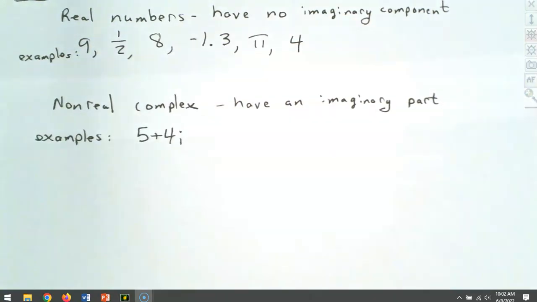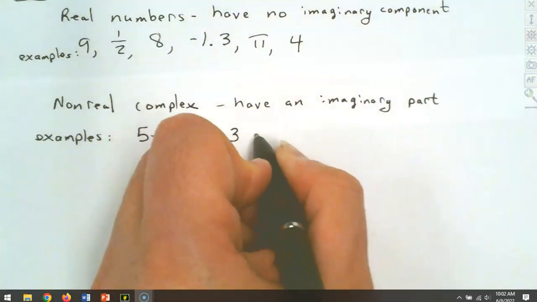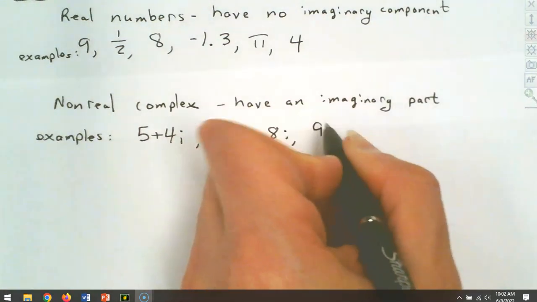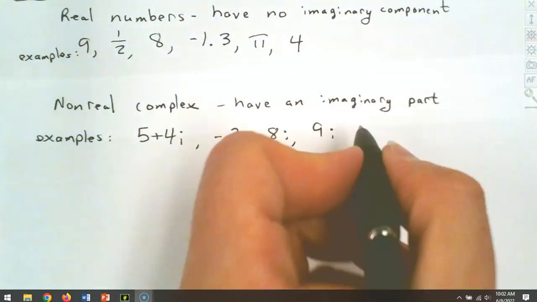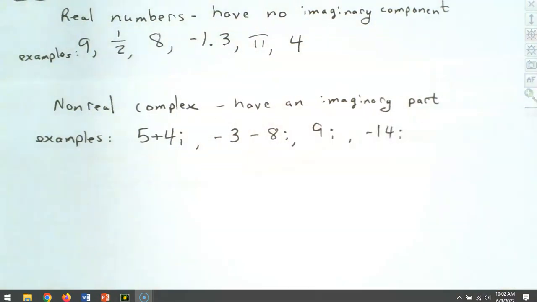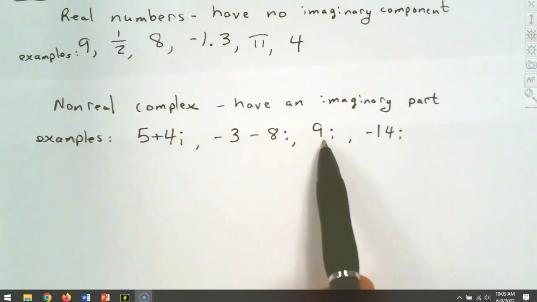That's non-real complex because it has an imaginary component. Minus 3 minus 8i has an imaginary component. 9i. Minus 14i. All of those listed out are non-real complex. They can have a real part and an imaginary part, or they might just have an imaginary part by themselves.